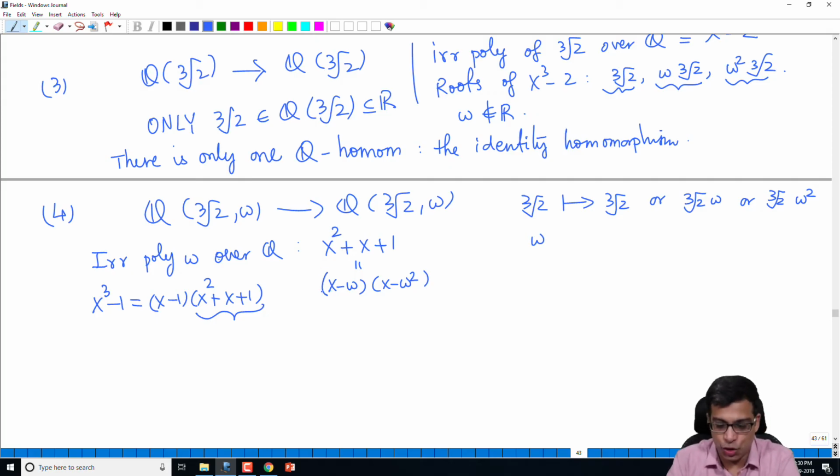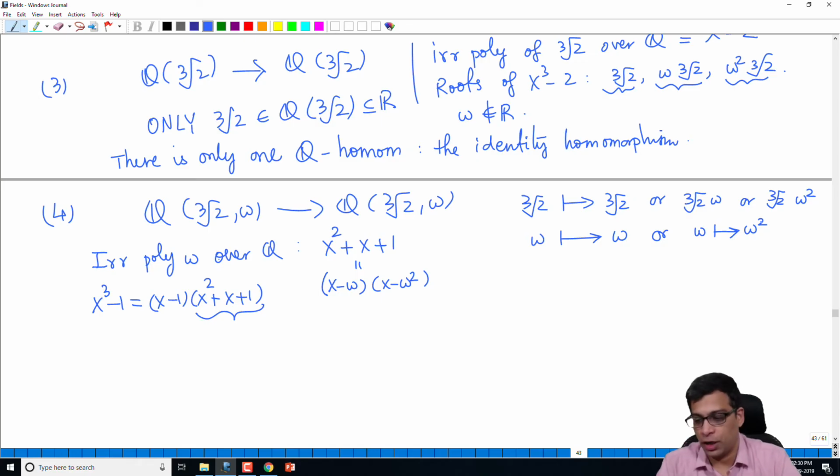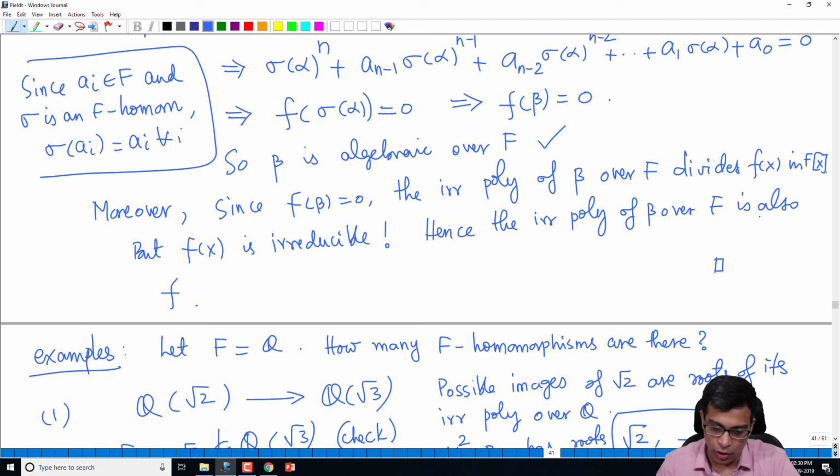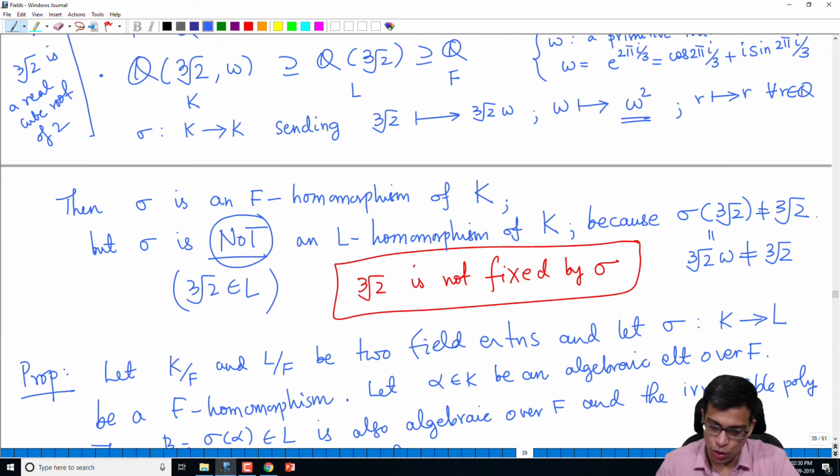So omega has two possibilities, cube root of 2 has three possibilities. Omega can go to omega or omega can go to omega squared, and these are independent. What you choose for the first one, namely cube root of 2, is independent of what you choose for omega. In the example that I wrote earlier in this video, I chose one such thing.